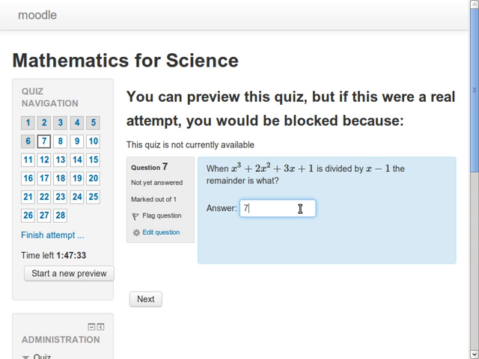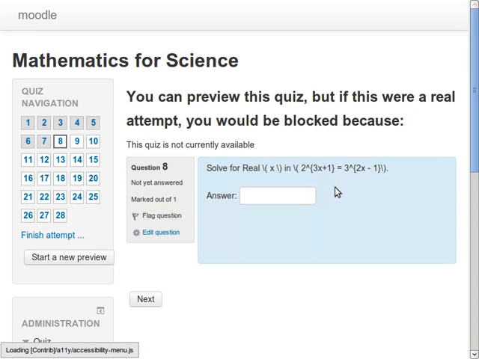This is the remainder. When you did long division, what did you get? Did you get 7 or something else? Okay. So 7, that's all. There's nothing to write down. You remember the remainder theorem, don't you?